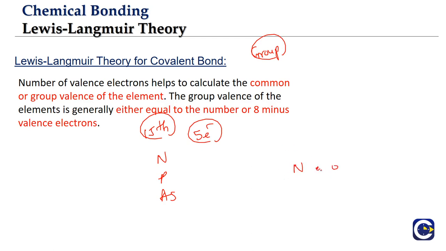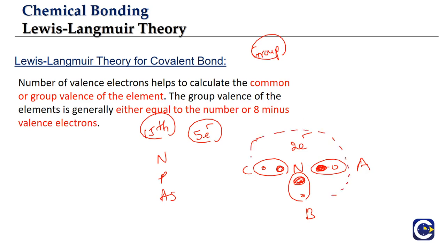If nitrogen is giving 3 electrons for sharing, so let us say it is giving 1 electron for sharing with A, another electron for sharing with B, another electron for sharing with C. Now the remaining electrons for nitrogen are 2, because it has given 3 electrons for sharing. If you want to count the total number of electrons for nitrogen in the valence shell, you count 2 electrons of nitrogen, its own electrons, plus 3 shared pairs of electrons. That is 2 plus 2 plus 2. Totally it is 8.